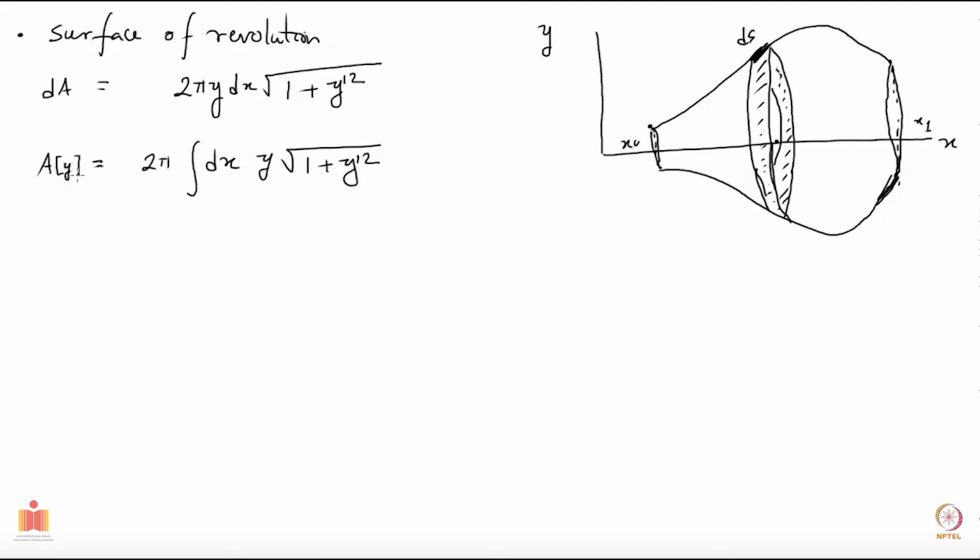So again as before, the area will be some number, but you get that number by specifying a particular curve. If you specify a different curve like this, you'll have a different area of revolution and a different number for A of y. So this is another example of a functional.